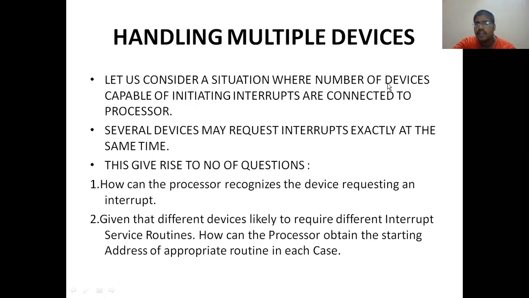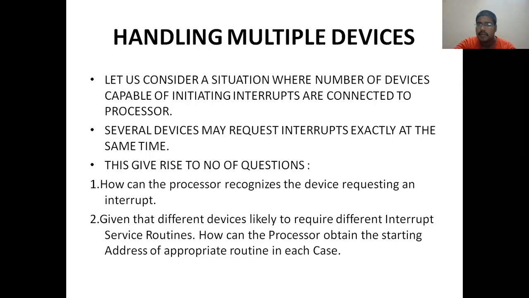Let us consider a situation where a number of devices capable of initiating interrupts are connected to the processor. Several devices may request interrupts exactly at the same time. We have several input and output devices, so there is a possibility that many of the IO devices may request an interrupt at a time.